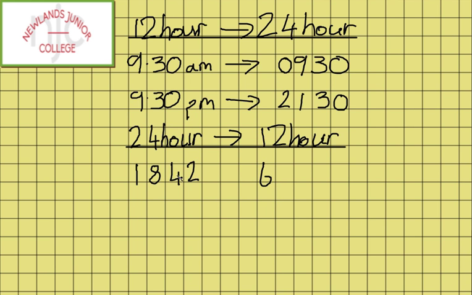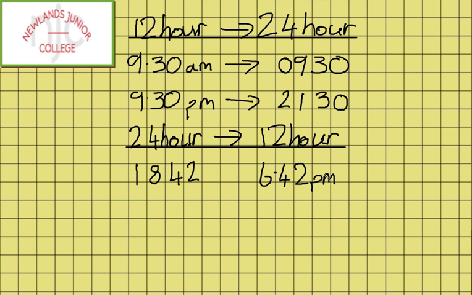The minutes, they stay the same. So that becomes 6:42. The other key piece of information is that you need to decide whether it's AM or PM. Well, it's PM in this case.